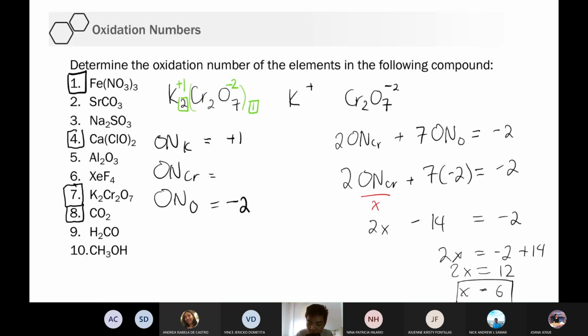And that is the oxidation number of chromium, plus 6. Ganun lang. No? Algebra. You can actually use Shift Solve. Ganun ginagawa ko eh. Kaya naman i-mental na titigan mo lang siya. Huwag ka lang tumingin sa sagot ng classmate mo. 14, 2, lipat mo doon, 12, divide to 6. Ayan.